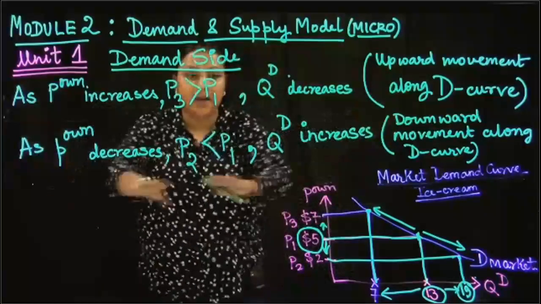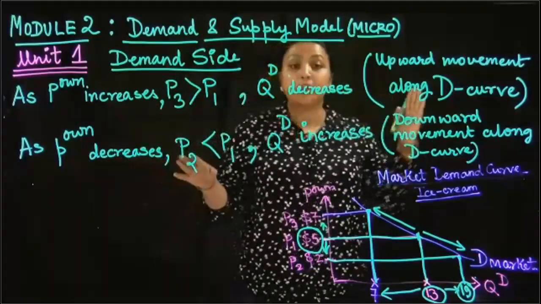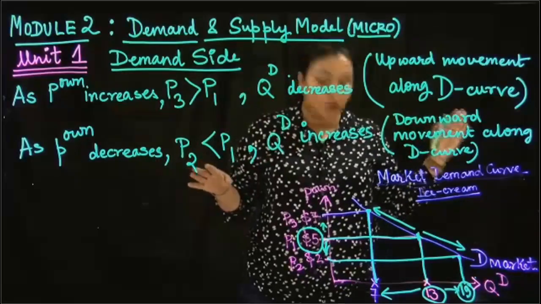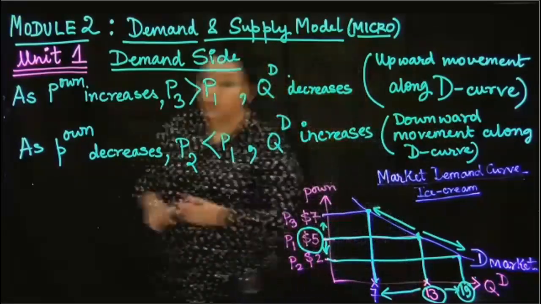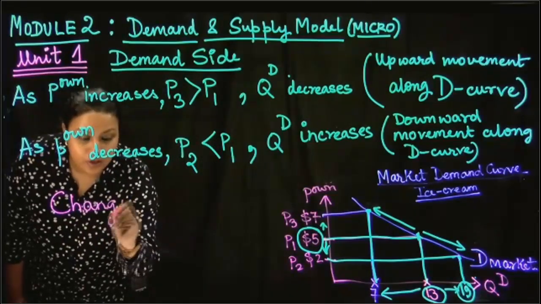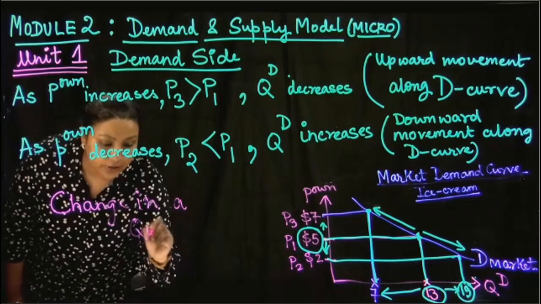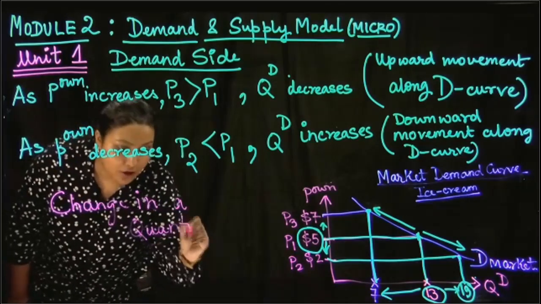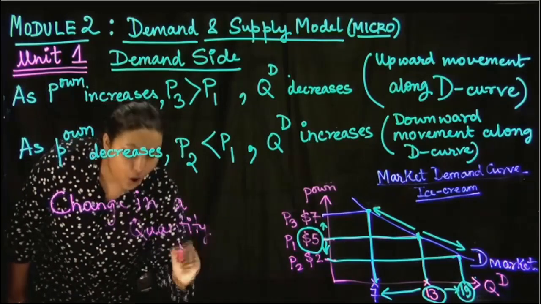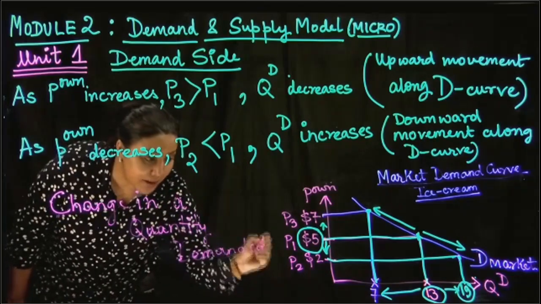This entire dynamic on the demand side, assuming everything else in the market stays constant, is also known as a change in quantity demanded. So a movement along the demand curve always brings about a change in quantity demanded.